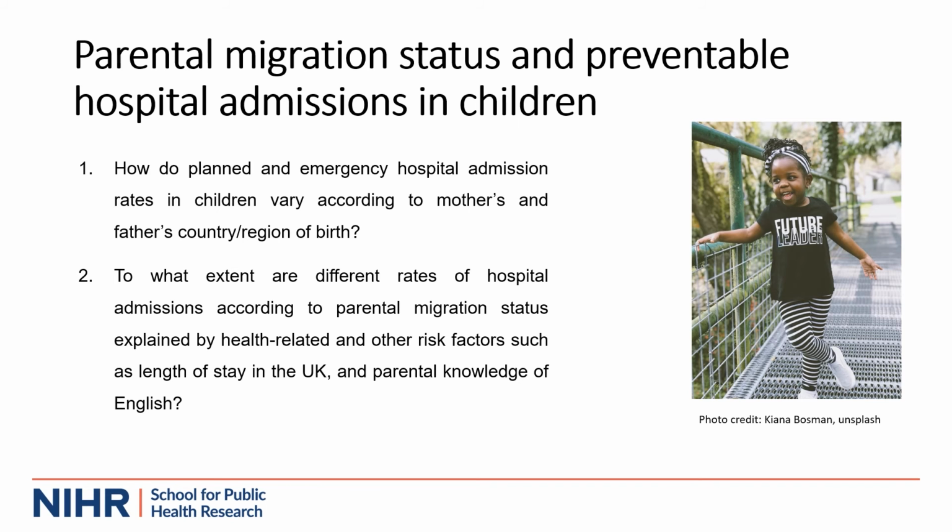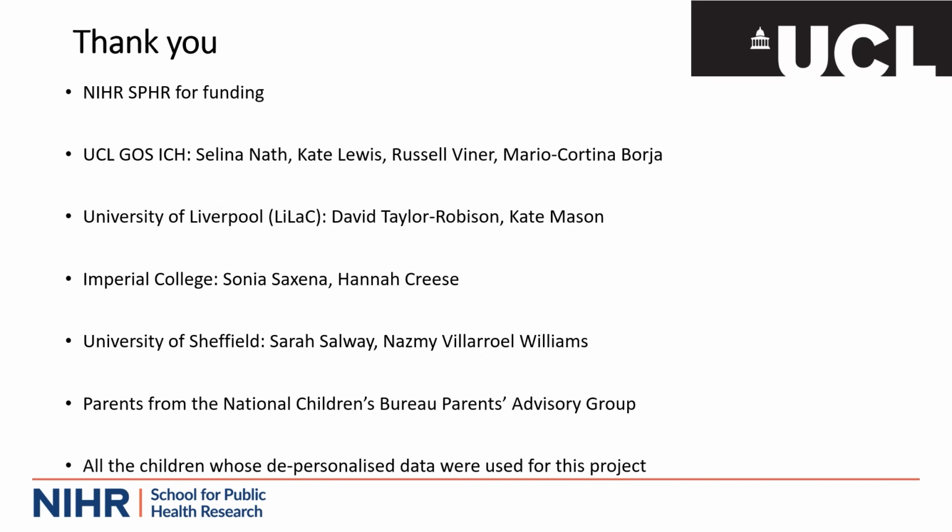We are looking at how planned and emergency hospital admission rates in children born in England vary according to the mother's and the father's country and region of birth, and to what extent any differences in rates based on parental migration status are related to things like how long the parents have lived in the UK and their knowledge of English. So these are things that we're working on at the moment.